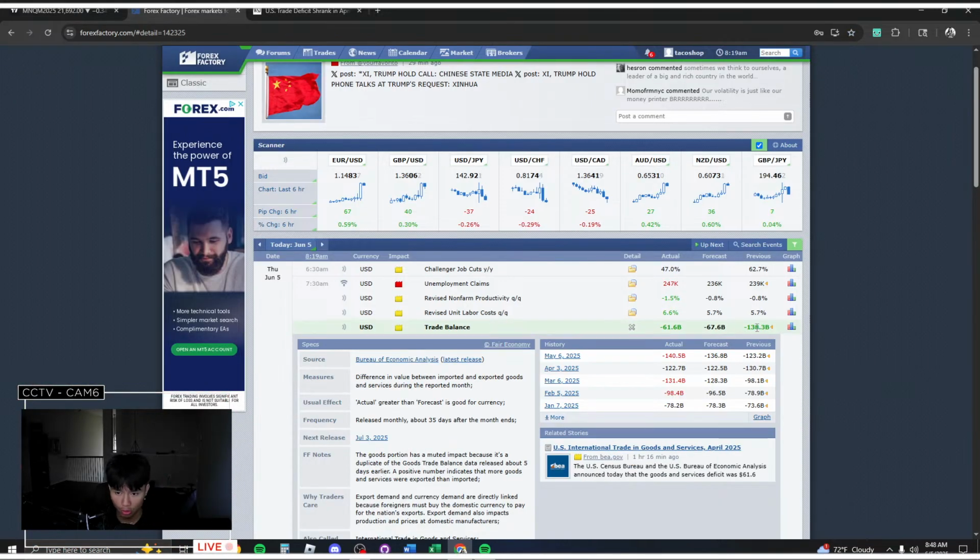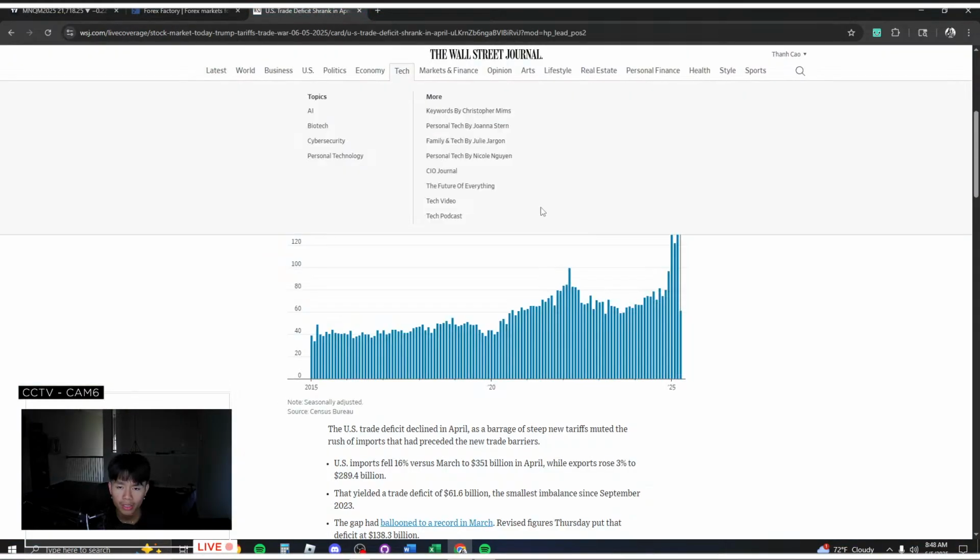Yeah, so last month the trade deficit was 138 billion. It's now a negative 61 billion, but this is due to the tariffs. People don't want to spend a lot of money, so they're not buying from other countries due to the tariffs.